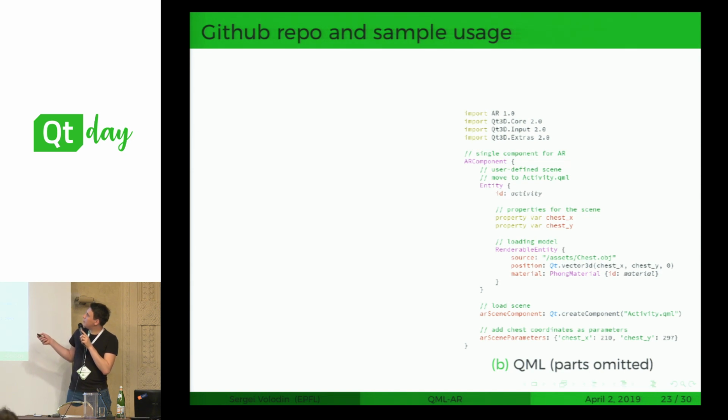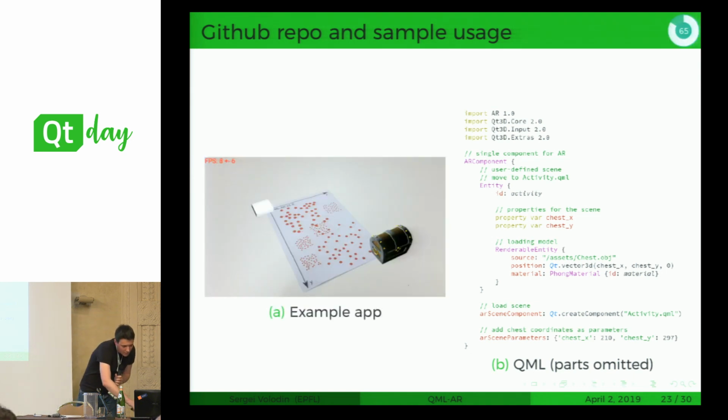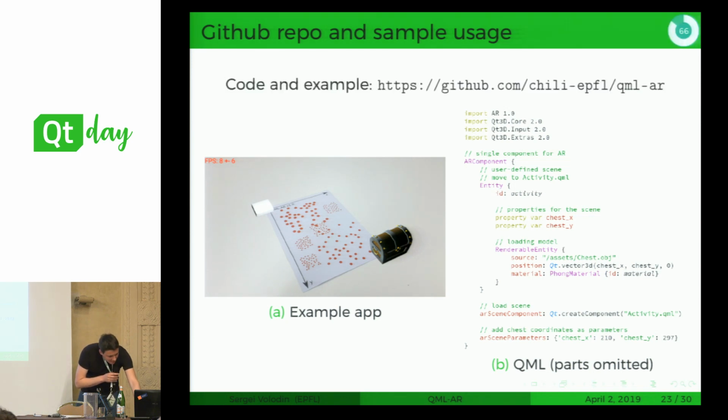And then you can define using Qt3D the necessary objects that you want in your scene. And that's basically it. Here there is the standard Qt chest from Qt3D. Okay. Yeah, you can find the code on our GitHub page.